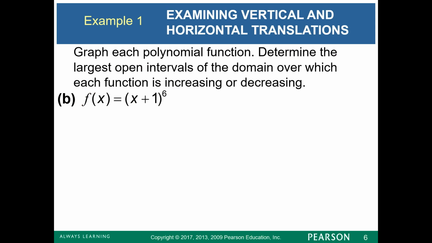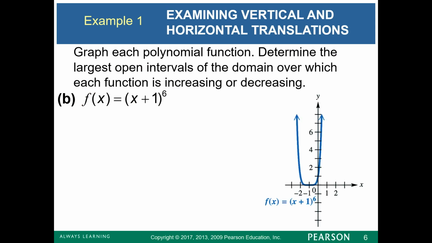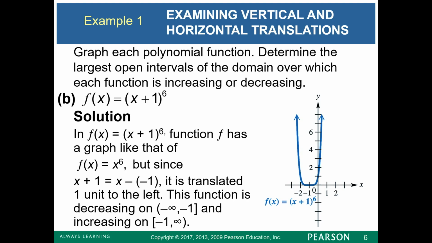So now if you look at the slides, this is the graph, and it looks more narrow because of (x plus 1) to the power 6. And this function is decreasing, determine the largest open interval of the domain.